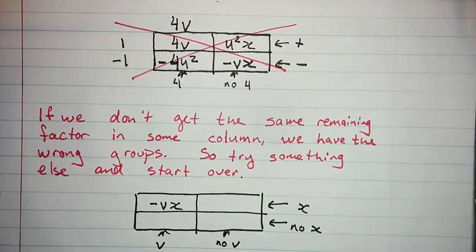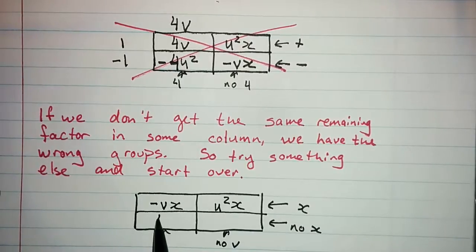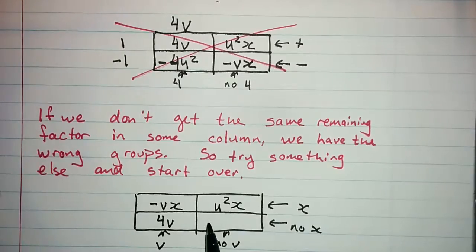The term with an x and no v is u squared x. The term with a v and no x is 4v. And the term with no x and no v is negative 4u squared.